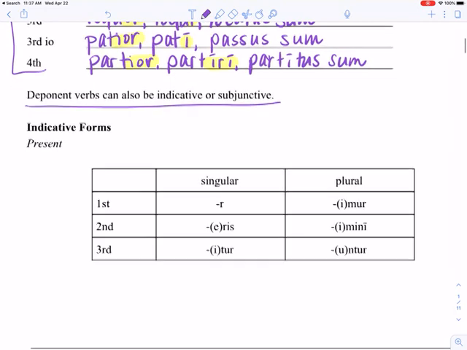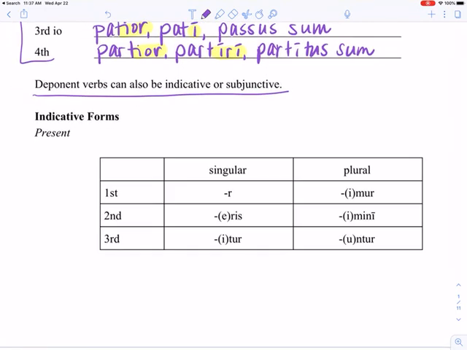Normally when we are talking about our verbs, we talk about the tense, and we talk about the voice being active or passive. So one thing you need to know is deponent verbs have no voice. Remember, they look passive.